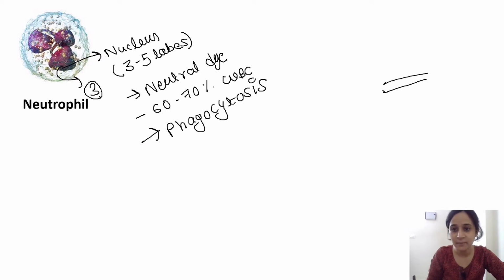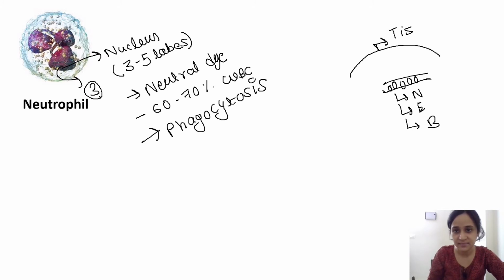Suppose this is the bloodstream and all cells are there. They have neutrophils, eosinophils, basophils, all cells floating in the blood. And this is your tissue, suppose skin tissue.